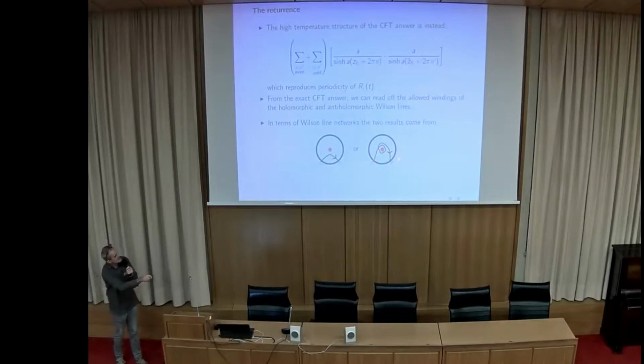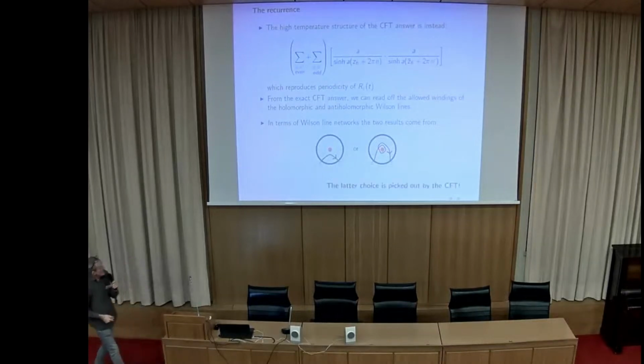The picture is such that in the bulk, the holomorphic and the anti-holomorphic Wilson lines kind of live their own lives, up to some kind of topological constraint, which is very mild, that just the parity of the windings has to be the same. And CFT picks this instead of that, because we can read it from the Ising model.